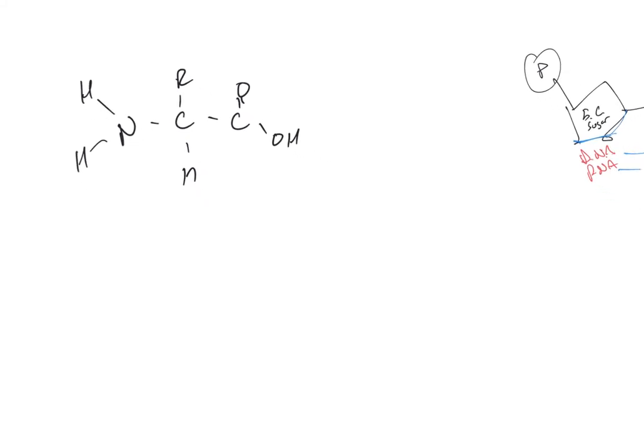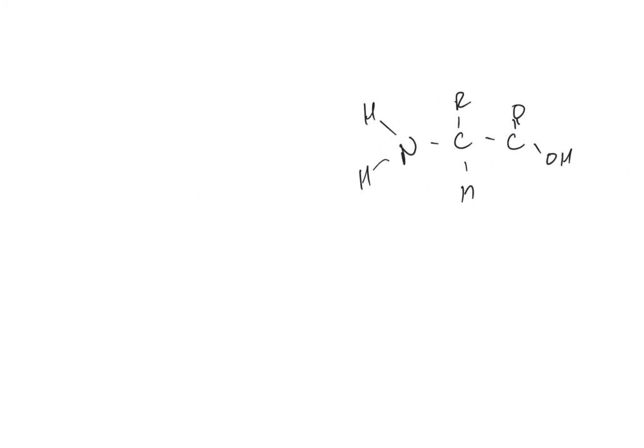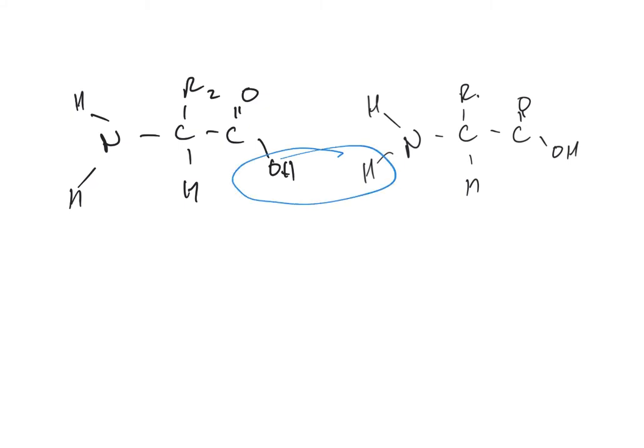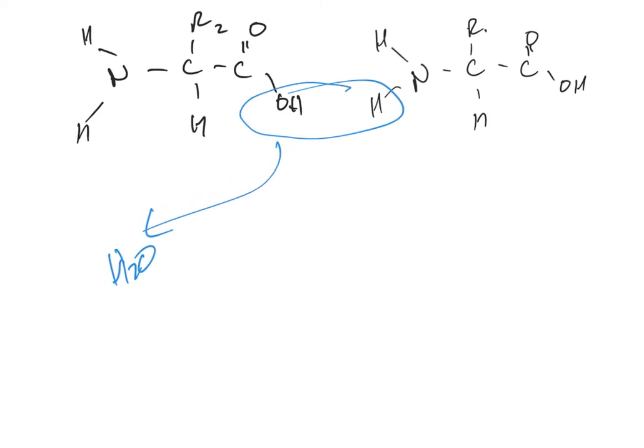Okay, my next peptide, I'm going to draw another peptide. So N, H, H, C, R2, we'll call this R1, H, C, double bond O, O, H. There's my water. So they come together.